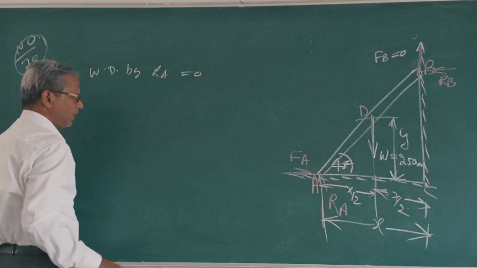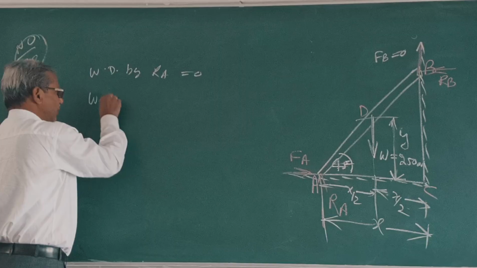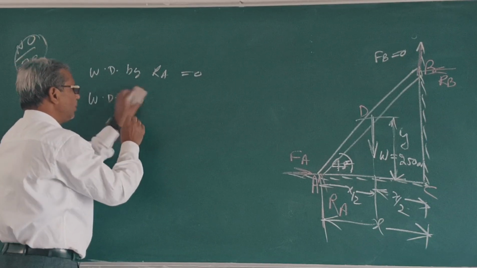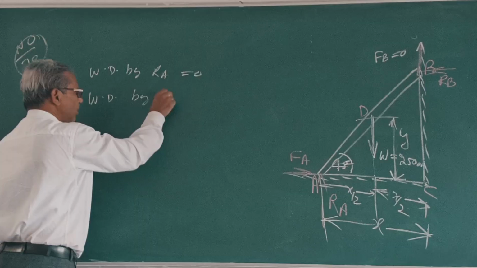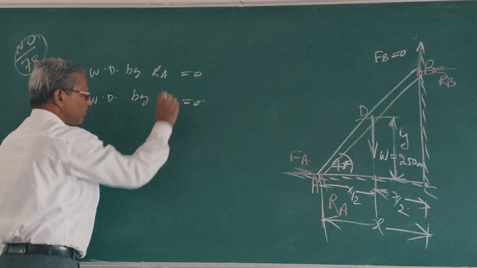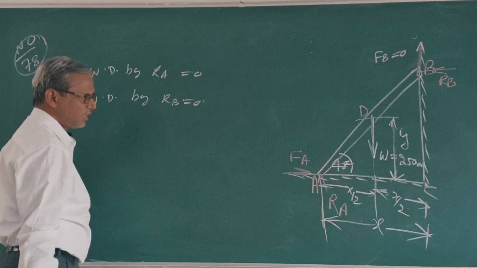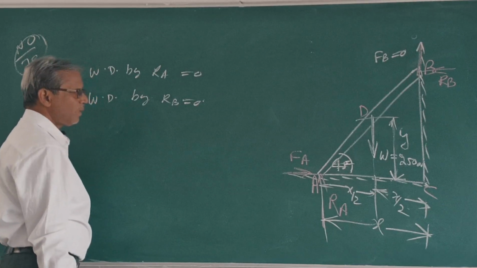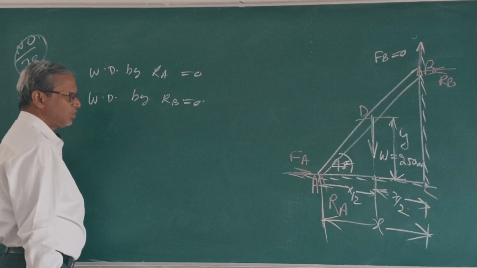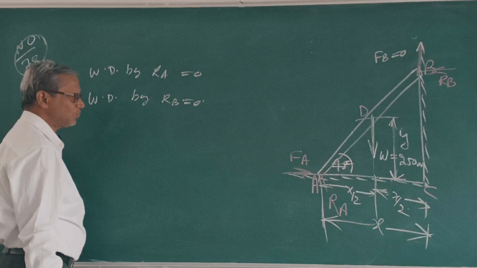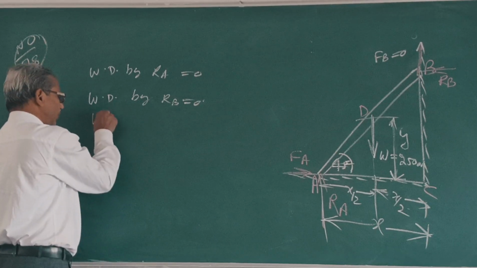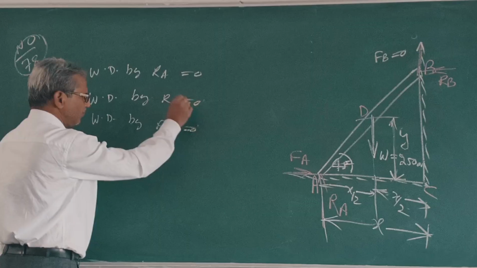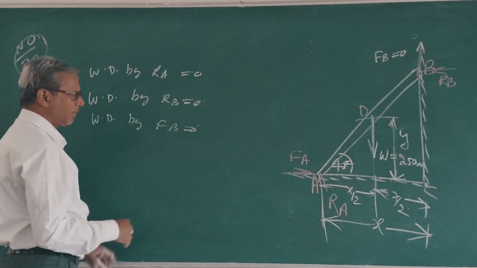Work done by RB is 0. Right? Work done by AB is 0, because AB is 0. Clear?